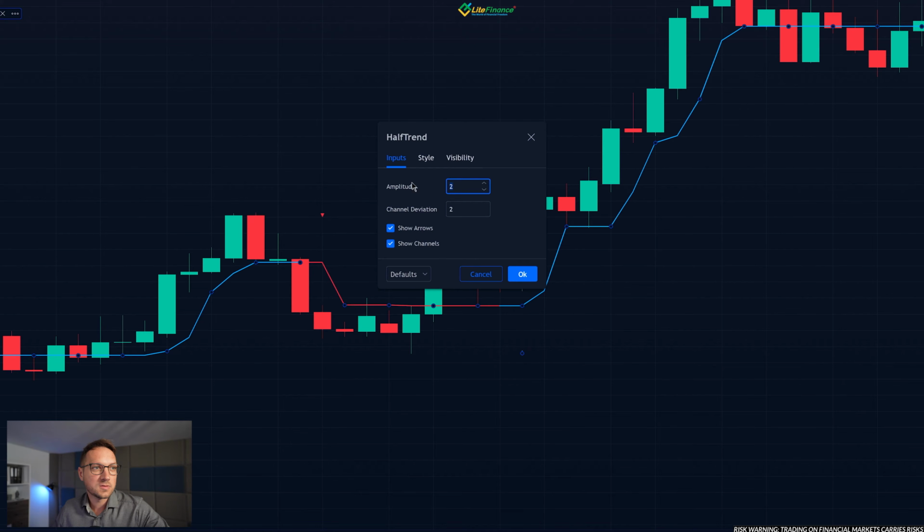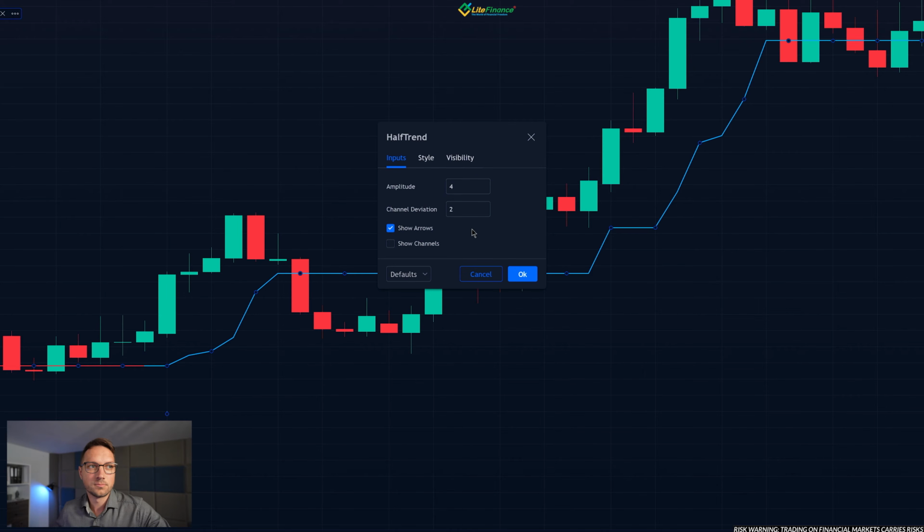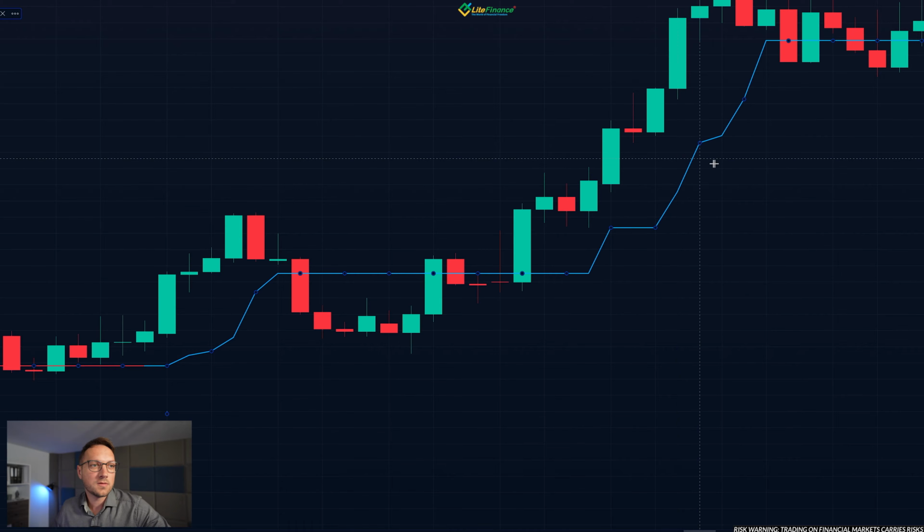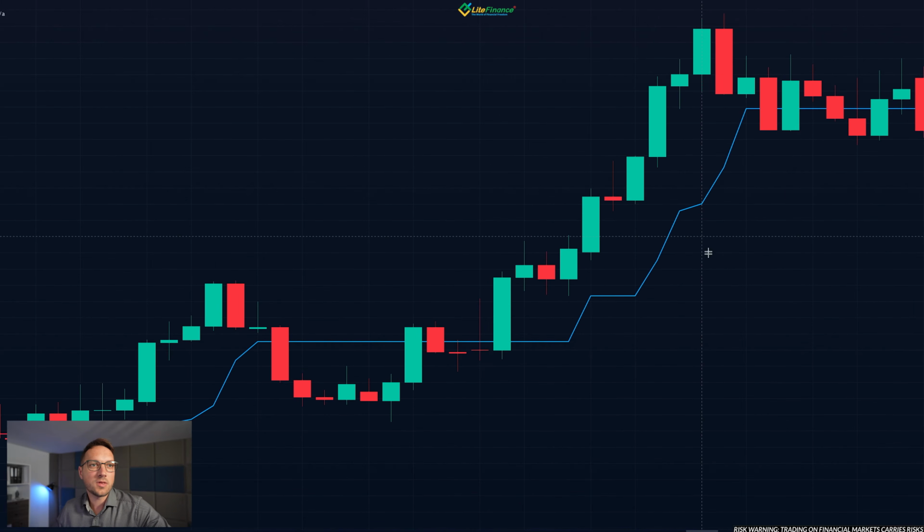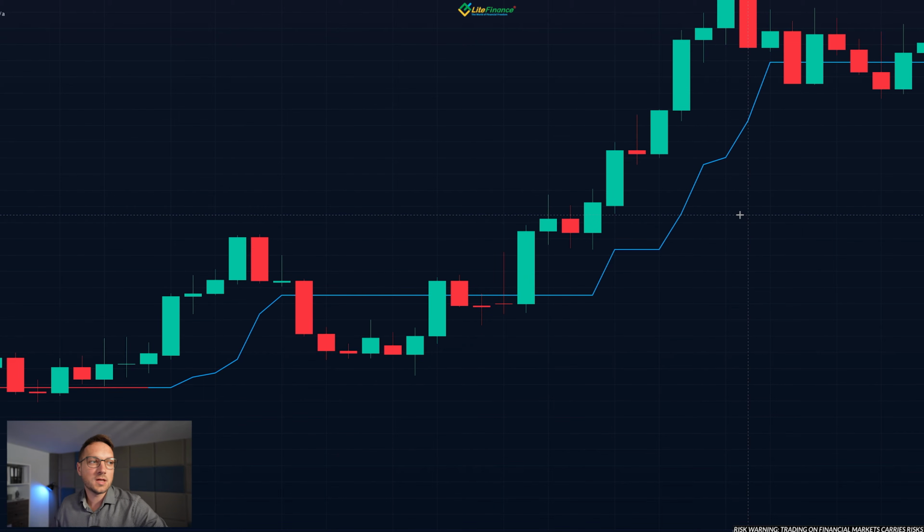And in the inputs, let's change the amplitude to 4. Yes, amplitude to 4. That's the first thing that we need to do with the indicator, change the setting to 4.